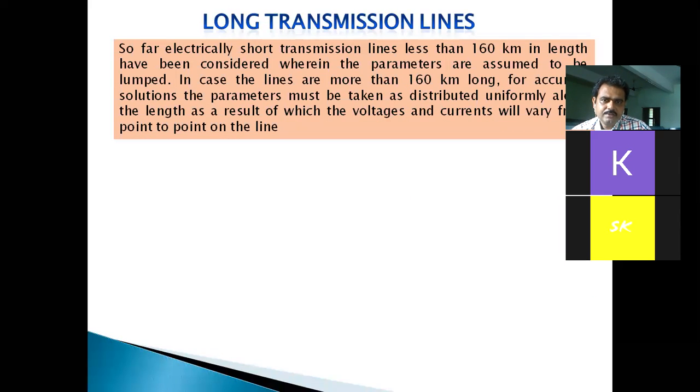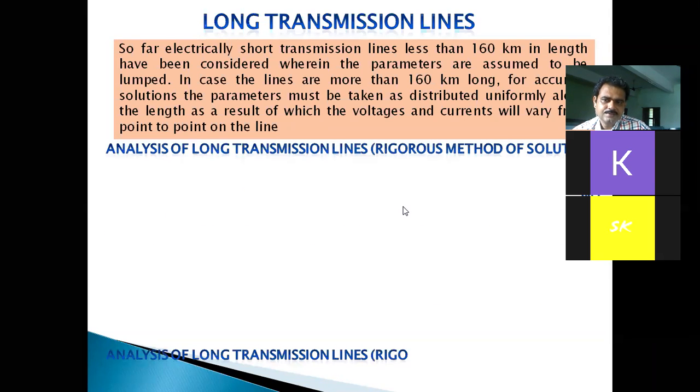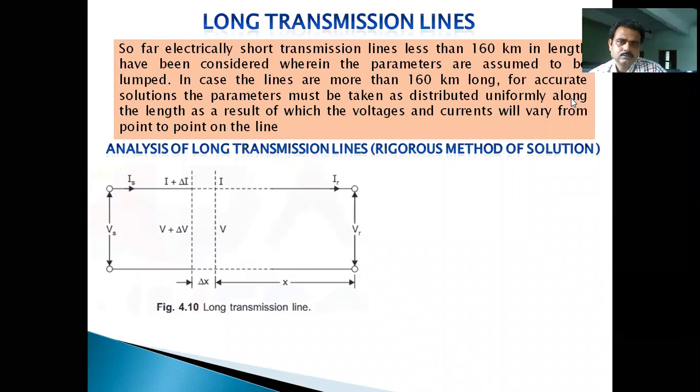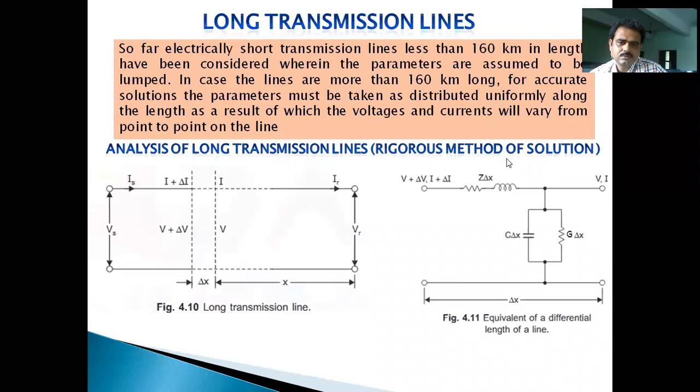For a long transmission line, we have defined the long transmission line and also its analysis, that means considering a small section, a small portion. We derived equations using the series impedance and shunt admittance of a small section of length delta x, where delta x is a small portion of the long transmission line.